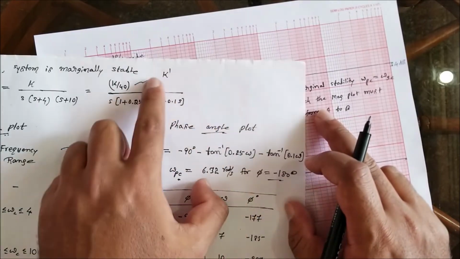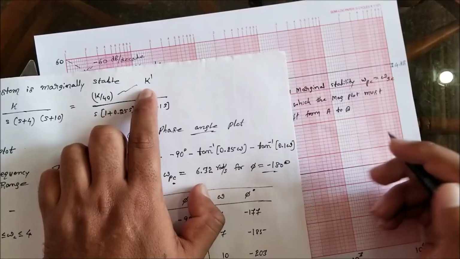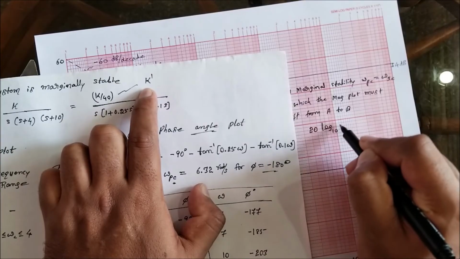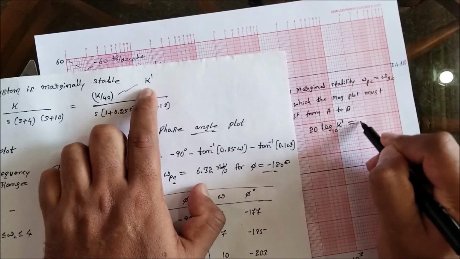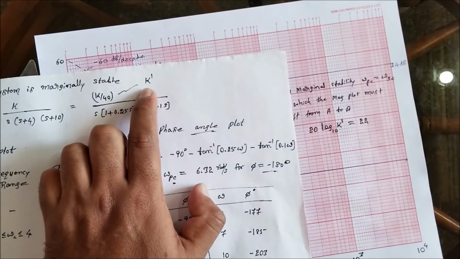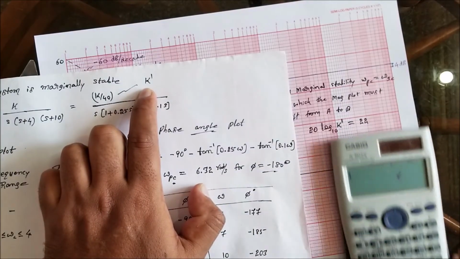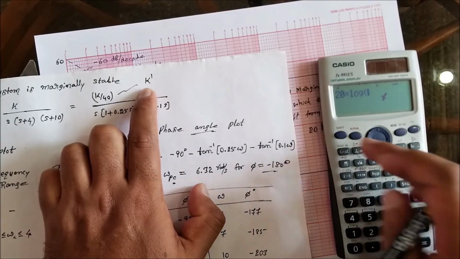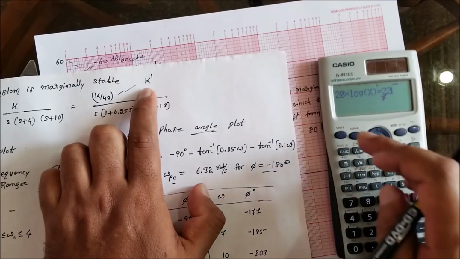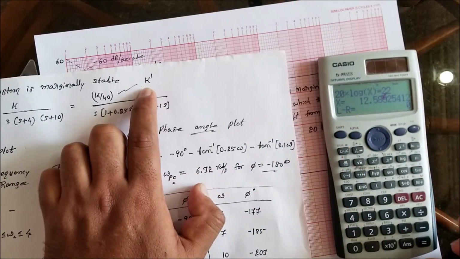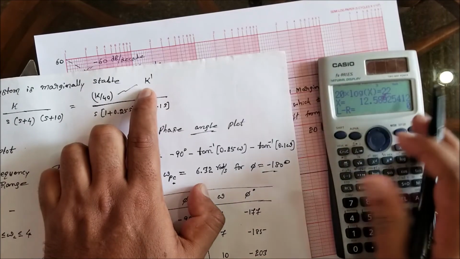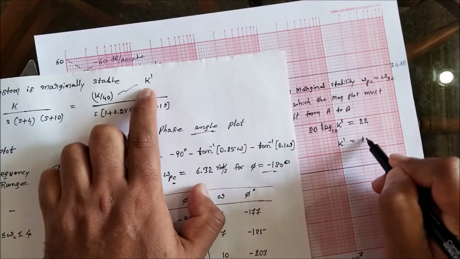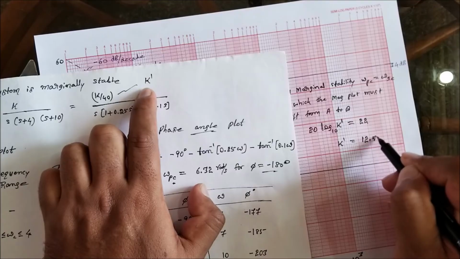But what we have here is K dash in the question. So from the analysis it is clear that the shift can be achieved with 20 log 10 K dash equal to 22 decibels. If I solve, I will get the answer as 12.589. So K dash is 12.58.